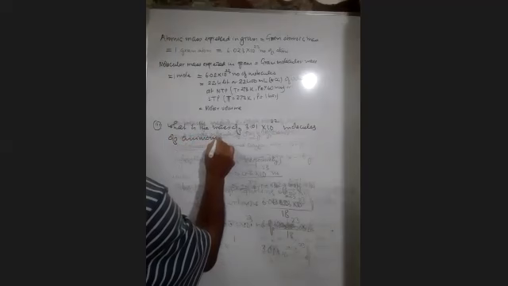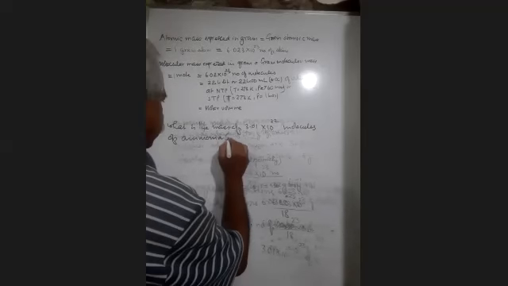Do you know the formula of ammonia? Yes, sir, NH3. If anyone does not know, immediately tell, sir, I do not know. I told you, if you feel shy in your life, you cannot learn anything. So I'll write down the formula.